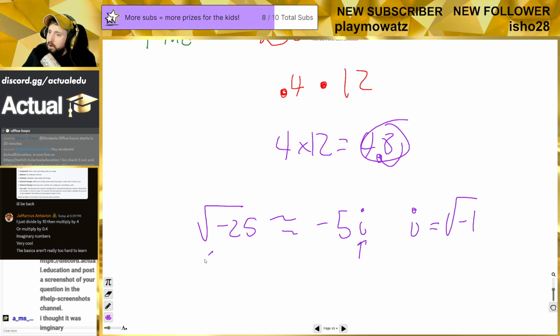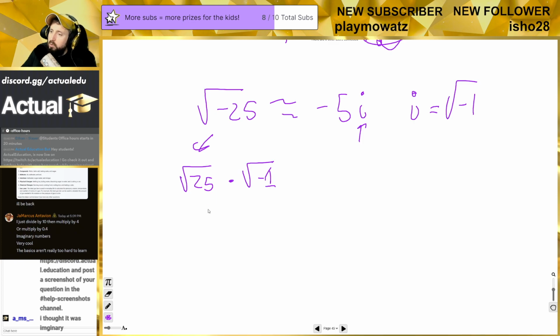So you break this up into the square root of 25 times the square root of negative 1. The square root of negative 1 is i, and the square root of 25 is just 5. That's why it becomes 5i.